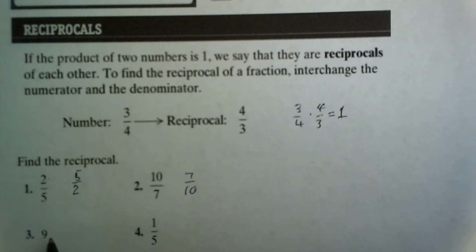Now, number 3 seems a little different because here we look at 9. But we also remember that 9 can be written as 9 divided by 1. So now we have explicitly a denominator and a numerator. When we exchange them, that's equal to 1/9.